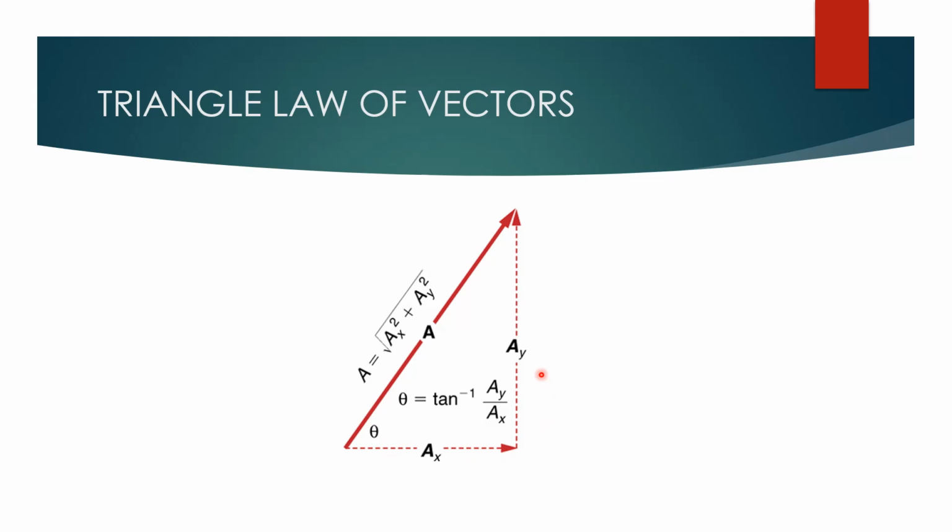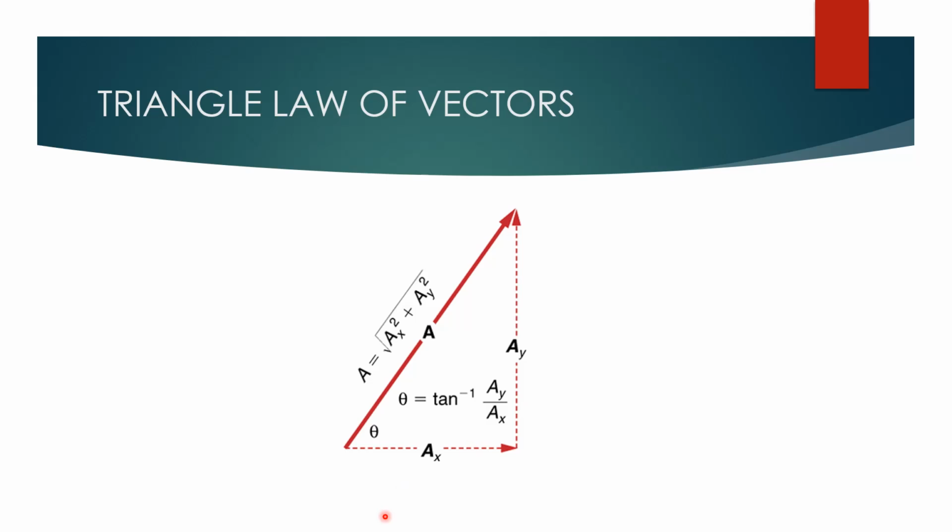We draw it as a right angle triangle, and using the Pythagoras theorem, A is equal to root of Ax square plus Ay square, which is the magnitude of the resultant, and its direction theta is tan inverse of Ay upon Ax. This is the triangle law of vectors.